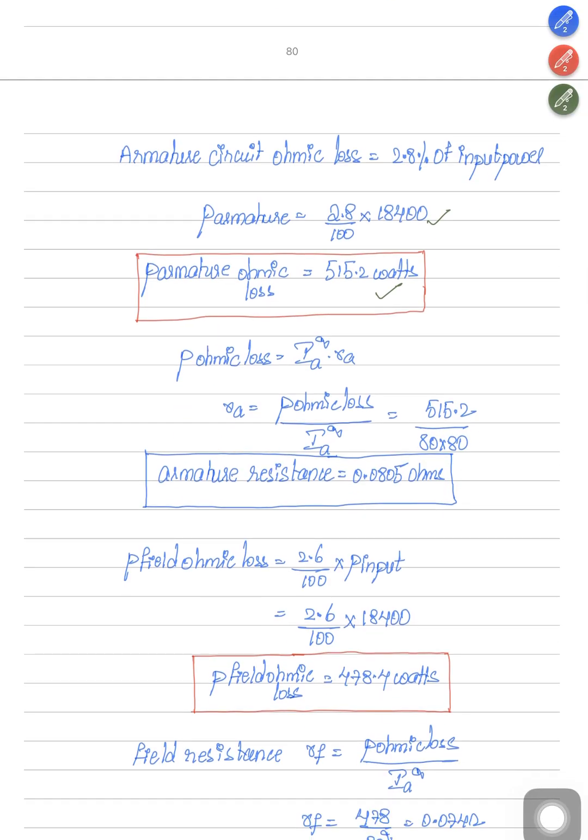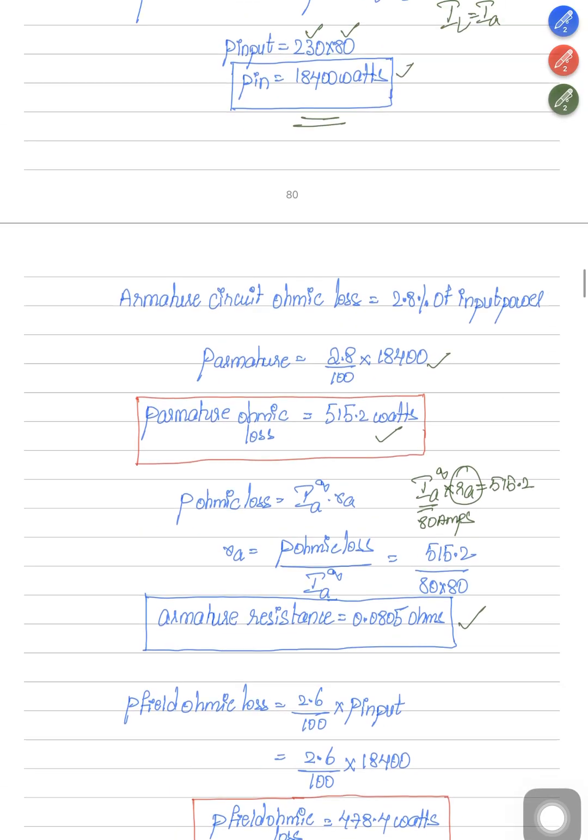Armature ohmic losses is nothing but Ia square into Ra, equal to 515.2 watts. We already know armature current is 80 amps, so we can find armature resistance. By substituting the data here, I found armature resistance of 0.0805 ohms.